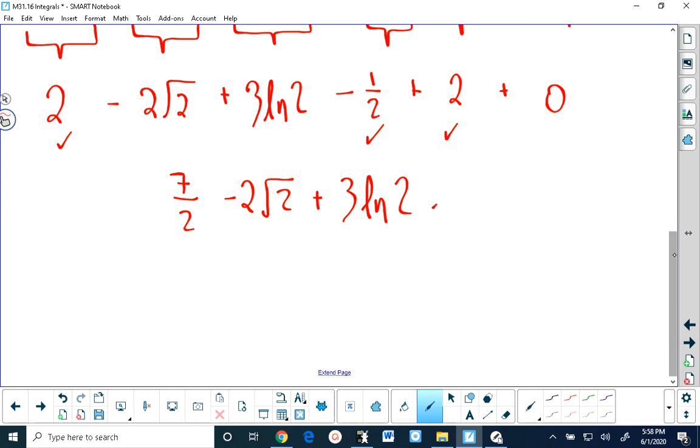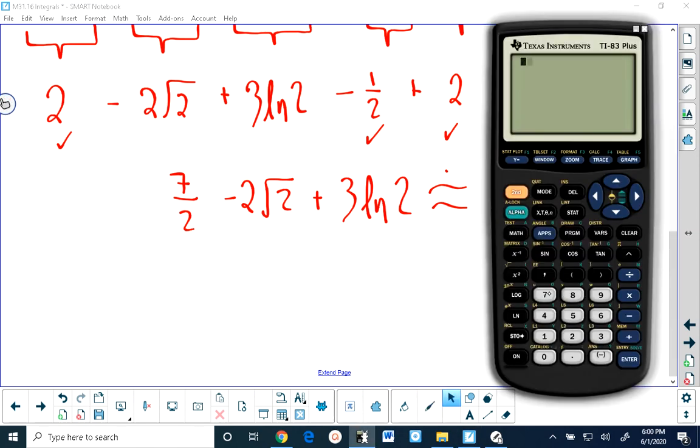Let's figure out what this is approximately equal to, just so we can check it on our calculator. That's 7 divided by 2 minus 2 root 2, and then plus 3 ln 2. This definite integral is approximately equal to 2.75101.